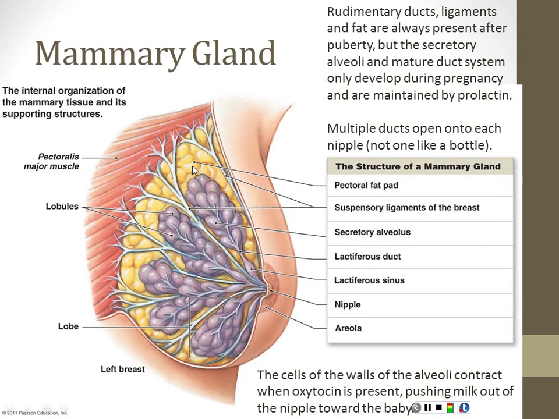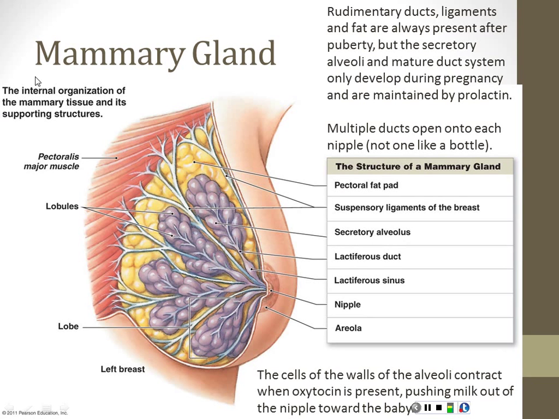Now, in the non-lactating, non-pregnant breast, these structures do not exist. These lobules, which is where the milk is actually produced, grow only in the third trimester of pregnancy and then are maintained as long as the breast is emptied regularly. In other words, as long as lactation is happening, as long as the baby continues to feed from the breast, these lobules are maintained.